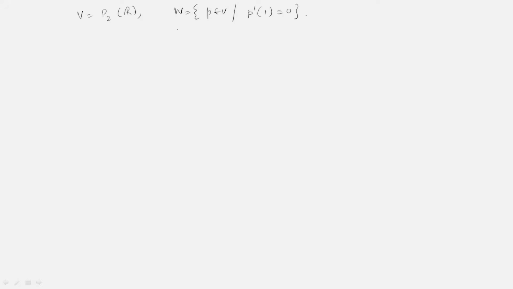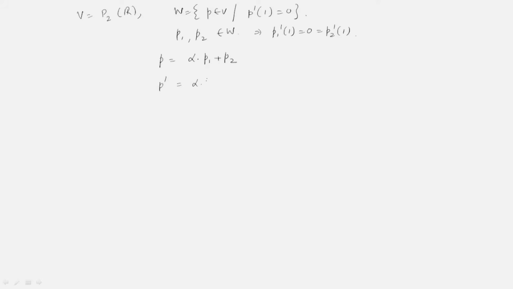Okay. Now, you take two polynomials P1 and P2 in W. That means P1 dash 1 equal to 0 and P2 dash 1 is also 0, and if it is a subspace then it must be closed with respect to vector addition and scalar multiplication. So you take an arbitrary alpha P1 plus P2, and we have to show that the derivative of this at 1 must be 0. So what is the derivative of this?